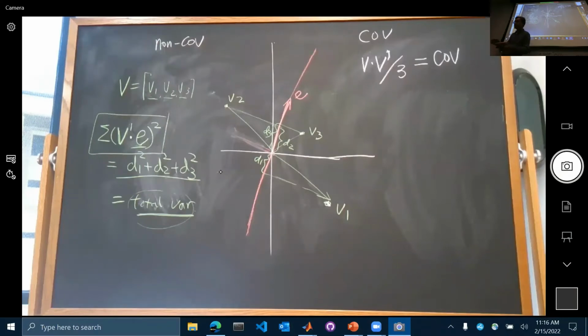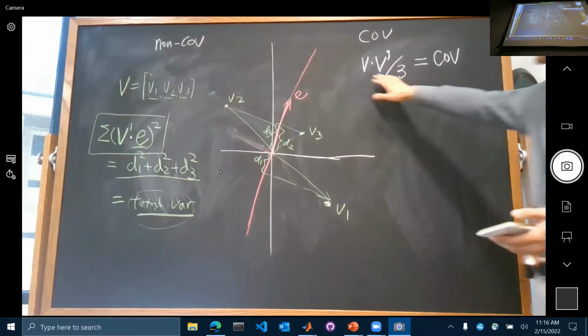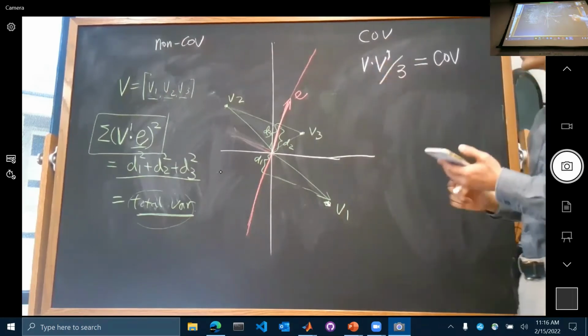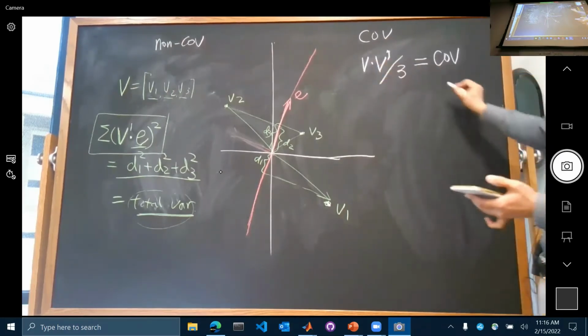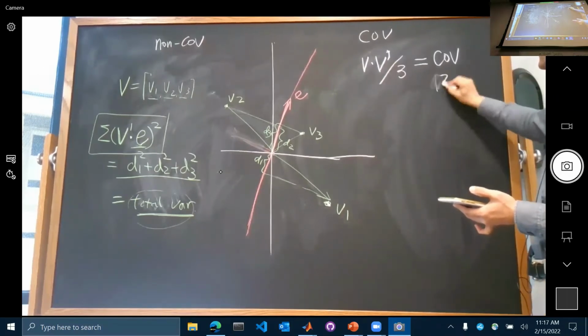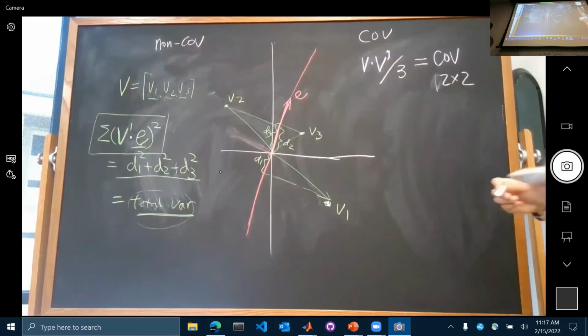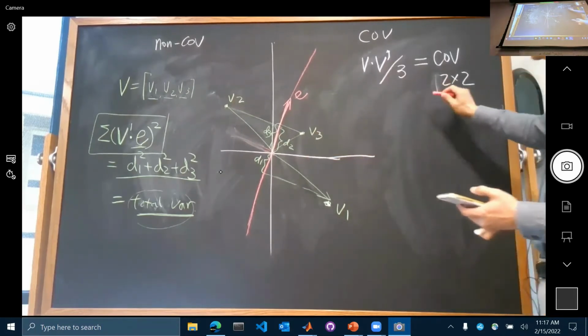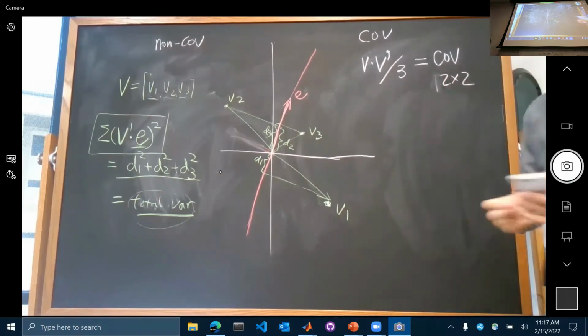So in the computer, I just showed you, this equation holds, and you can compute the covariance matrix. This covariance matrix is a 2 by 2 matrix. For this particular example, we do have the covariance matrix.